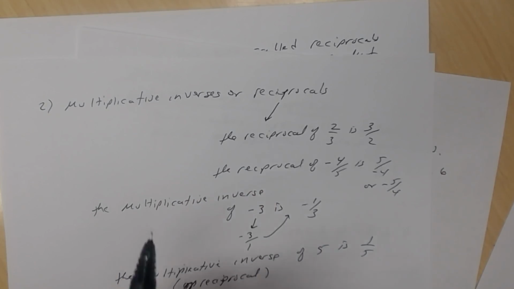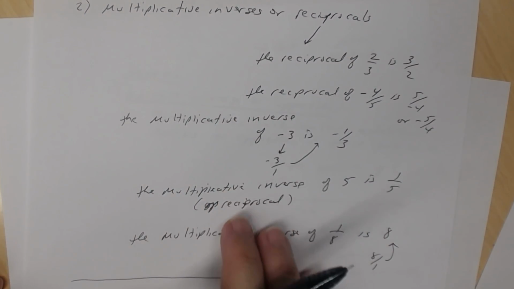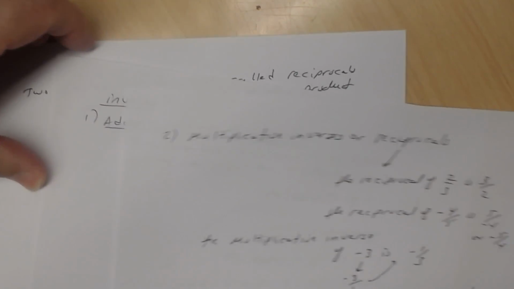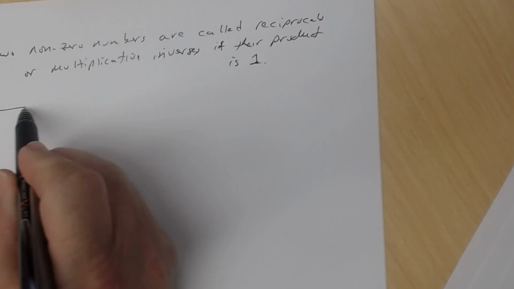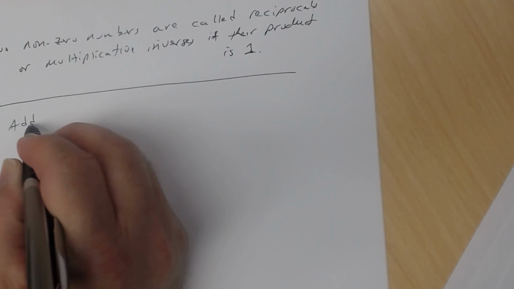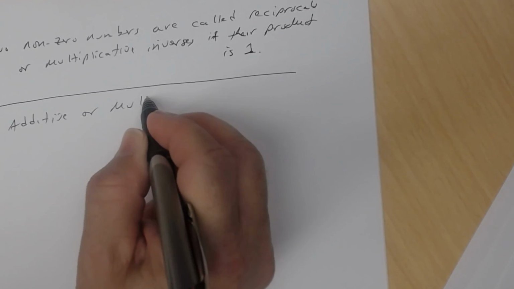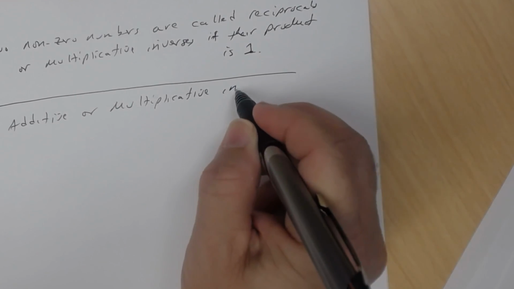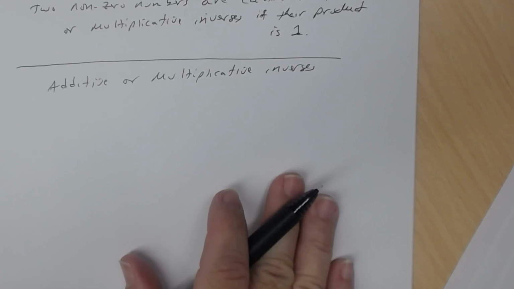Okay? All right. So using the idea of letters now, let's look at this. So I'm going to rewrite all this using letters. All right, so let's talk about the definition of additive or multiplicative inverses. So let's kind of summarize what we just did.